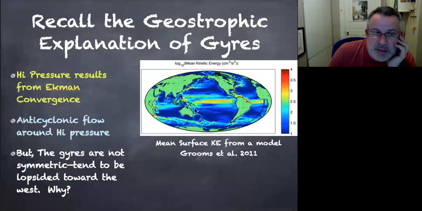In the South Pacific, it goes fast. It's going the opposite direction, but it's also not traveling equatorward and poleward at the same rate. It's going much, much faster when it is going poleward than when it is going equatorward. Okay. We want to start thinking about why that is.